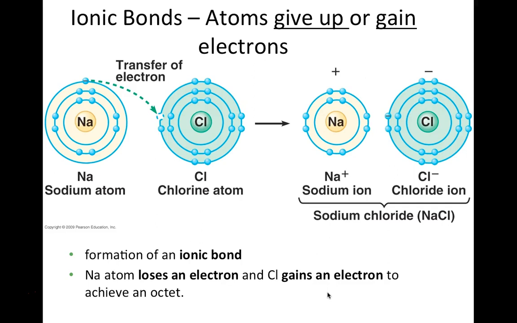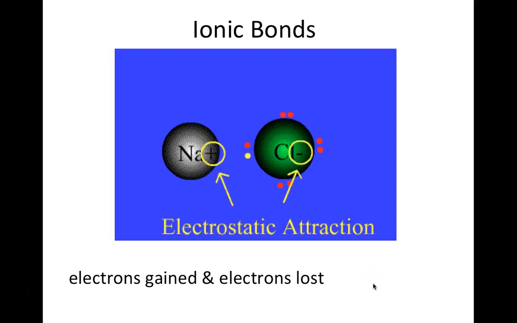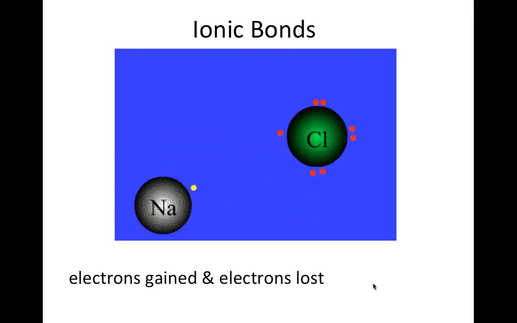The formation of ionic bonds is important in a variety of chemical systems, including the importance of ionic bonds in organisms. Here's an illustration of how ionic bonds form, using sodium and chlorine as an example.